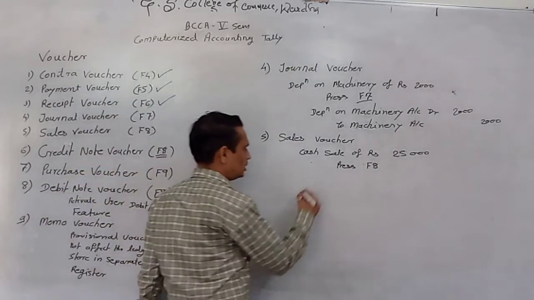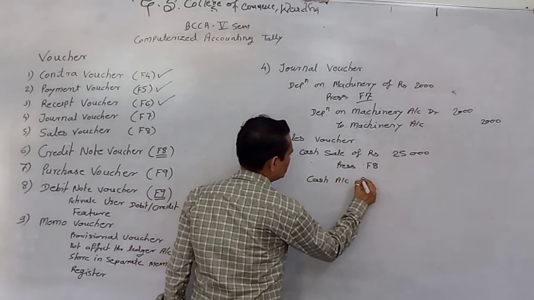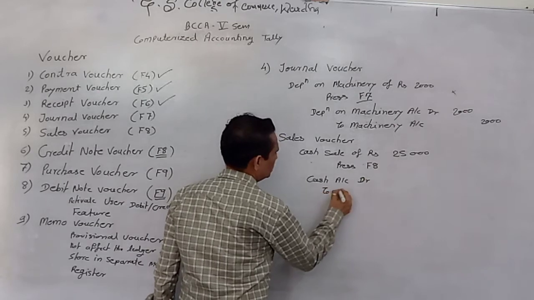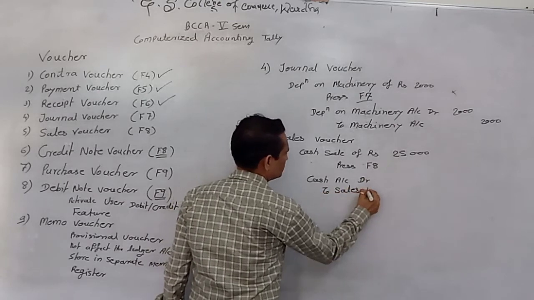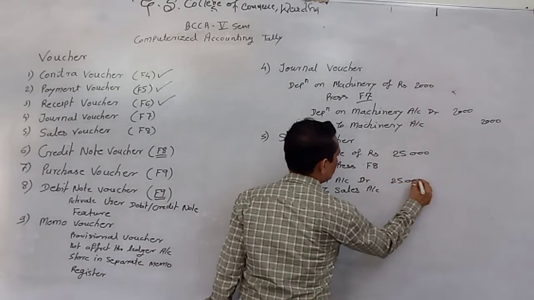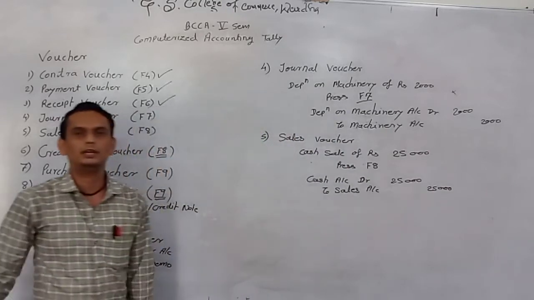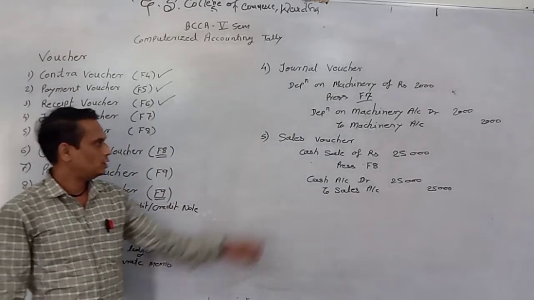So record the sale: cash account debit to sales account for rupees 25,000.